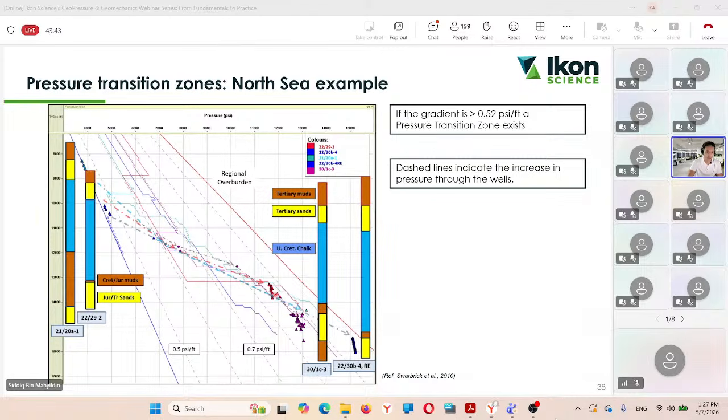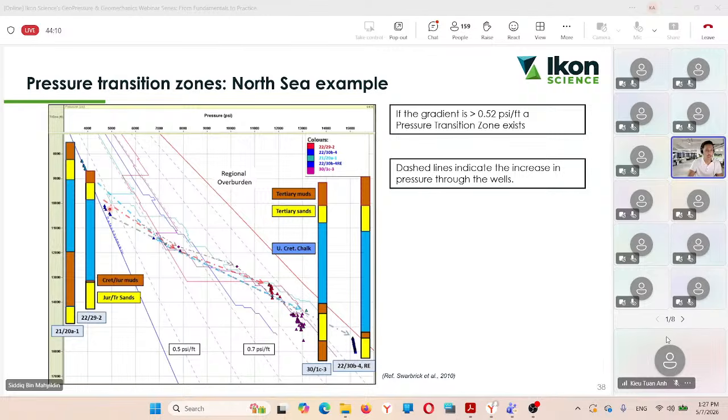At the bottom over here, we have high overpressure, following a gas gradient probably. But over here, in between the chalk, this is a very high gradient, above 0.5 psi per foot, and over here it is up to 0.7 psi per foot. So this is what we would call a pressure transition zone.